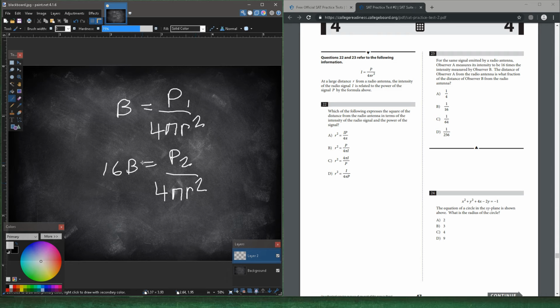So what's the fraction? The distance of observer A from the radio antenna is what fraction of the distance from B? So this is B and this is A, so you gotta divide them. So that's 1 over 16.